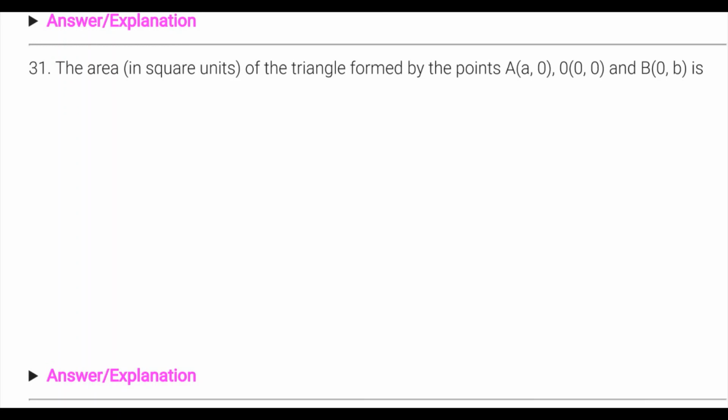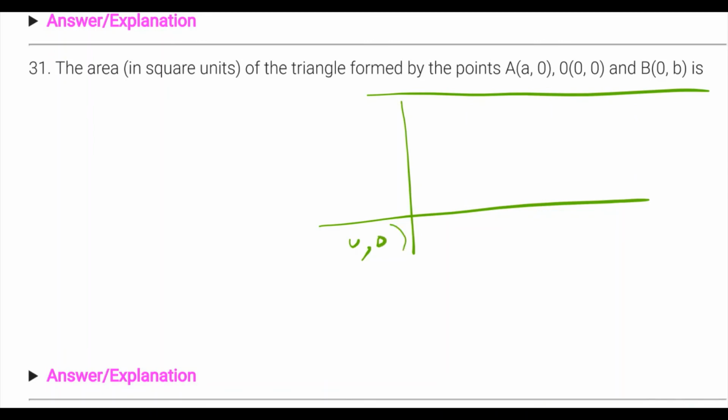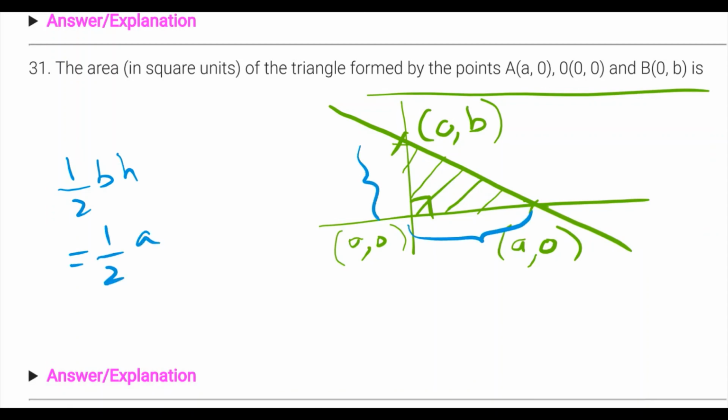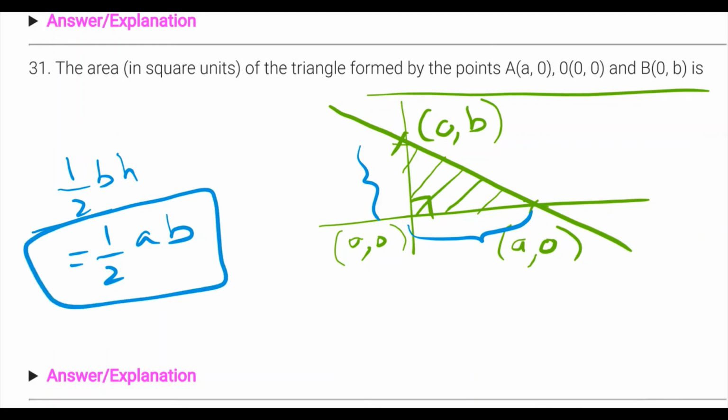The first one: the area of the triangle formed by the points is, so this is 0, 0, and the line is touching the x-axis at A, 0 and the y-axis at 0, B. If you notice, this is a right angle triangle with the origin as the right angle. Area equals half into base into height. The base is A and the height is B, so half AB. This is the required area of the triangle.